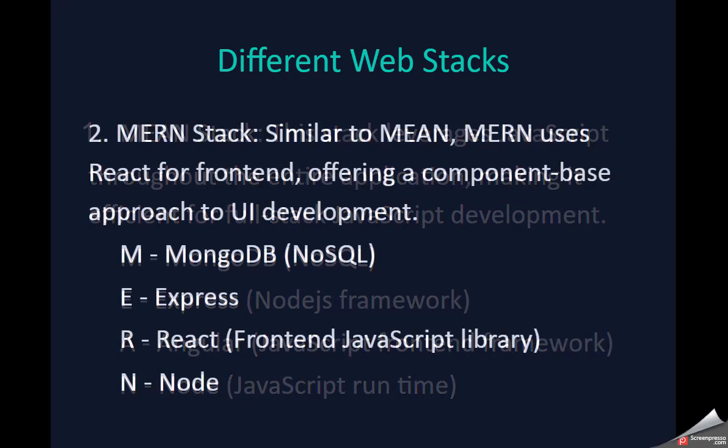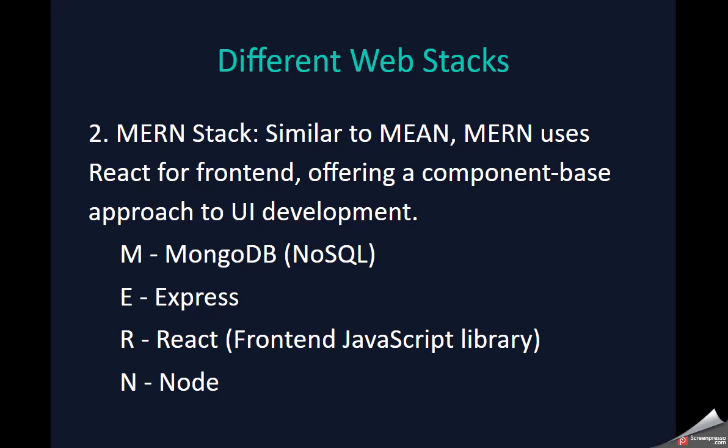Secondly, we have the MERN stack, or MERN stack development, right? Similar to MEAN, it uses React as the framework for the front end, offering a component-based approach to UI development. So it ranges from MongoDB, which is a NoSQL database, Express, React, and Node, right?